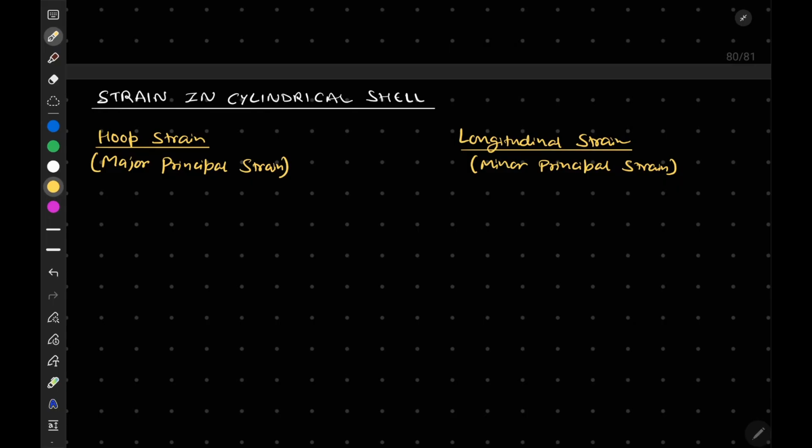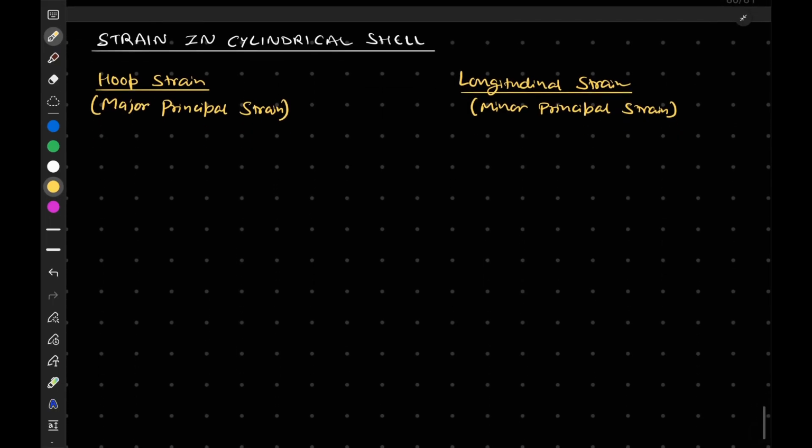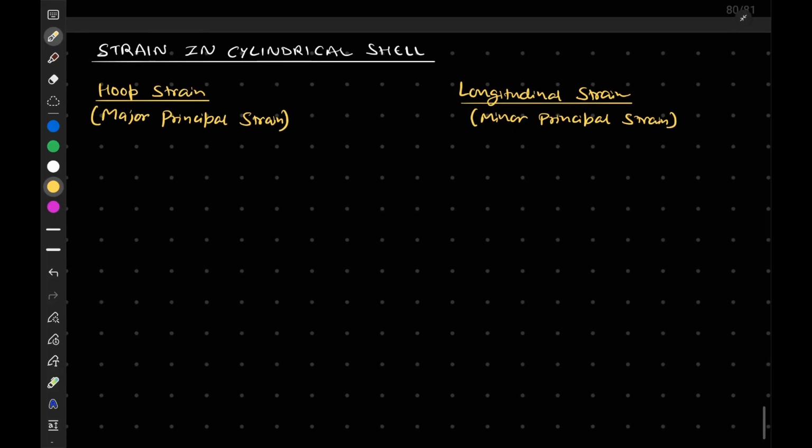Now if I want to calculate these values, let me first draw how your arrangement would look like.